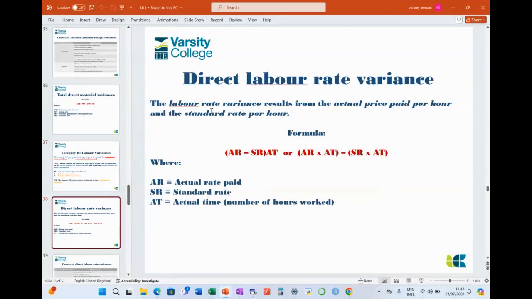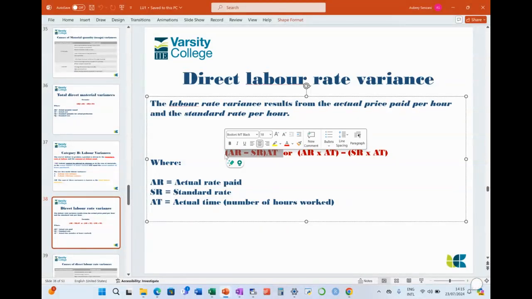So here you can see labor rate variance, and if you take this initial formula here, you see it's the actual rate minus the standard rate times the actual time. Because what are we assessing here? The difference between the rates. Are you now getting what I mean when I say the formula to use is in the name?